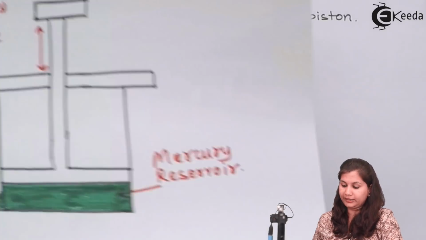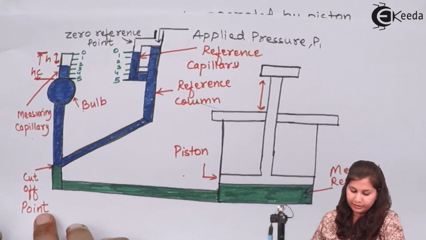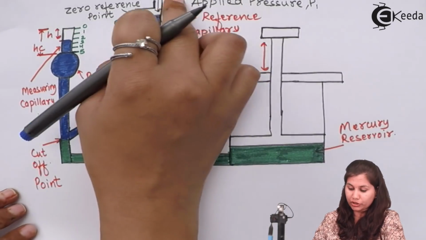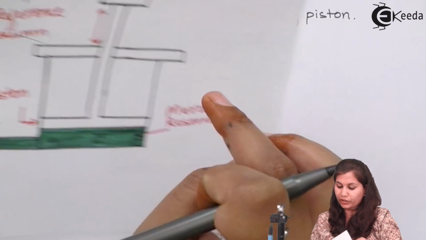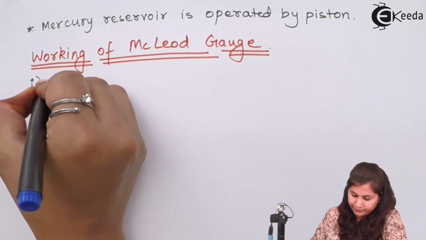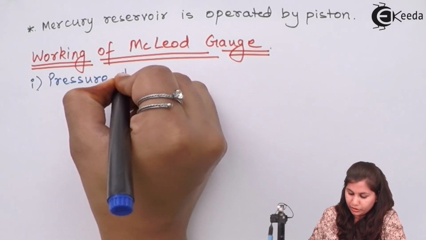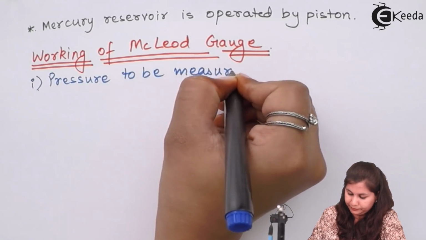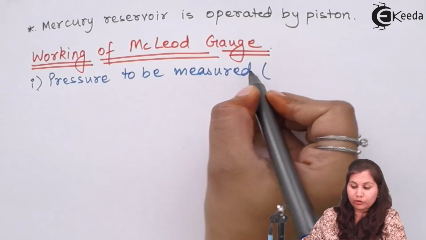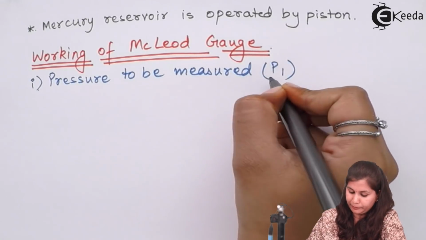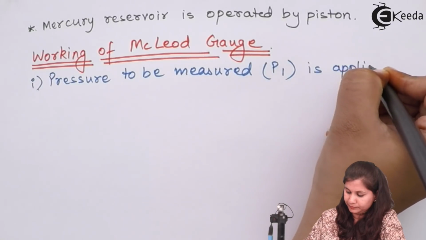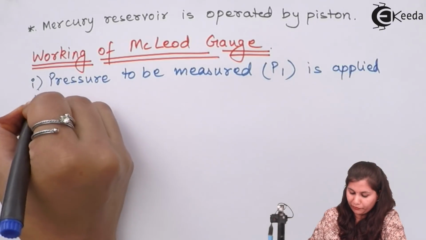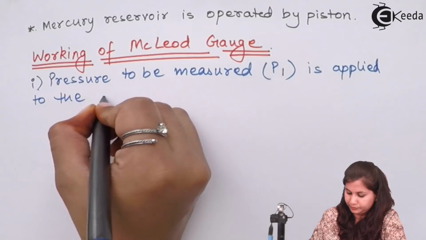You can see in the diagram that the pressure which we want to measure is applied to the reference column. The pressure which we want to measure is called the initial pressure, that is P1, and it is applied to the top of the reference column.